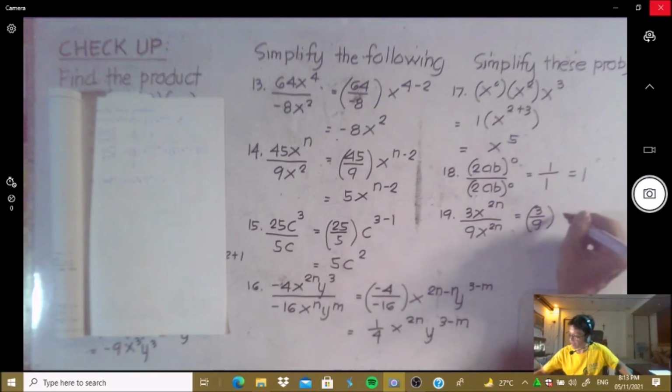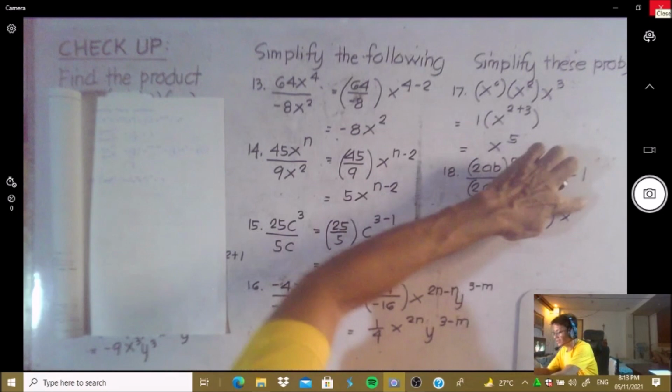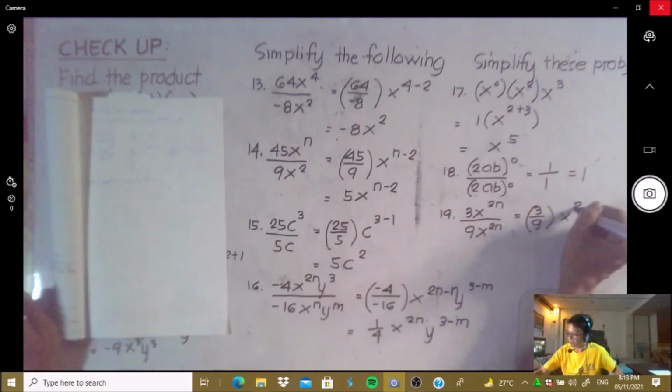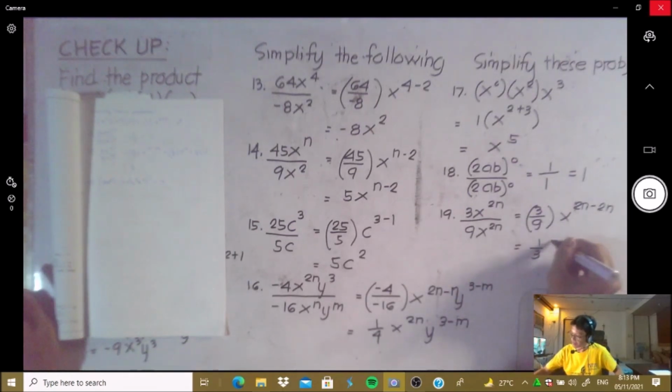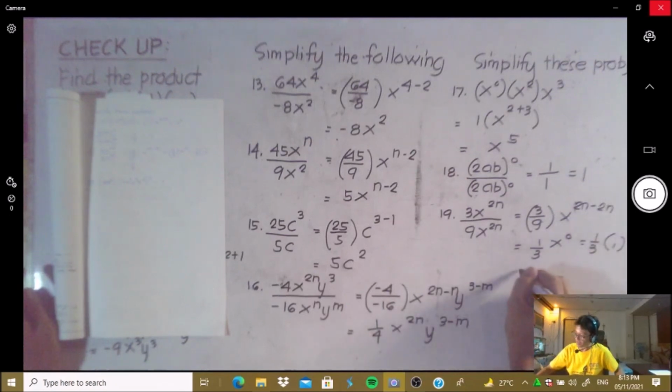Then we have x raised to 2n minus 2n. And therefore, we have 1/3 x raised to 0. And therefore, that is equal to 1/3 multiplied by 1. And therefore, our answer is 1/3.